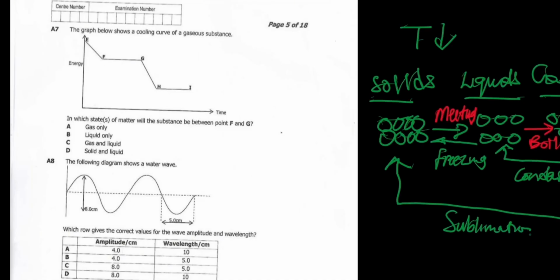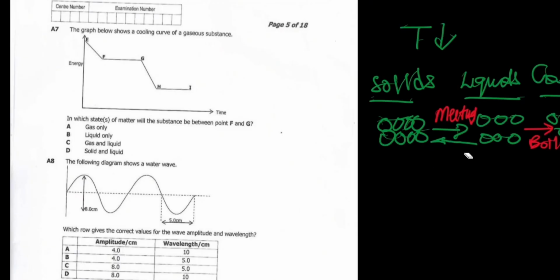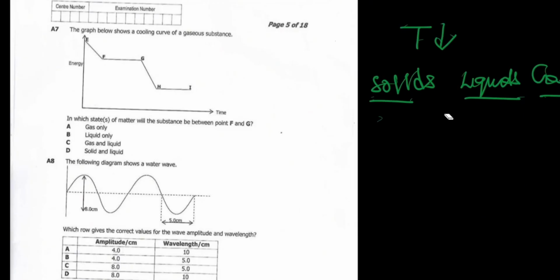Now for cooling curves, what you're doing here is that you're trying to move from gas to solid. So this is our movement here. In this case, we are moving from gas all the way to solid, but it's from gas first to liquid, then from liquid to solid. And keep in mind the temperature is actually decreasing.